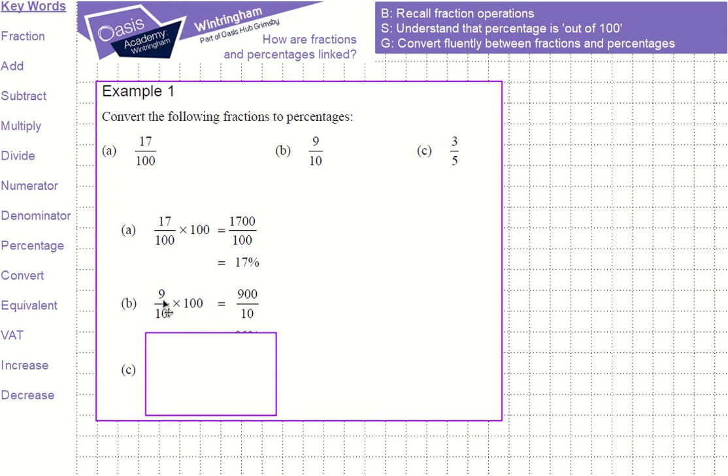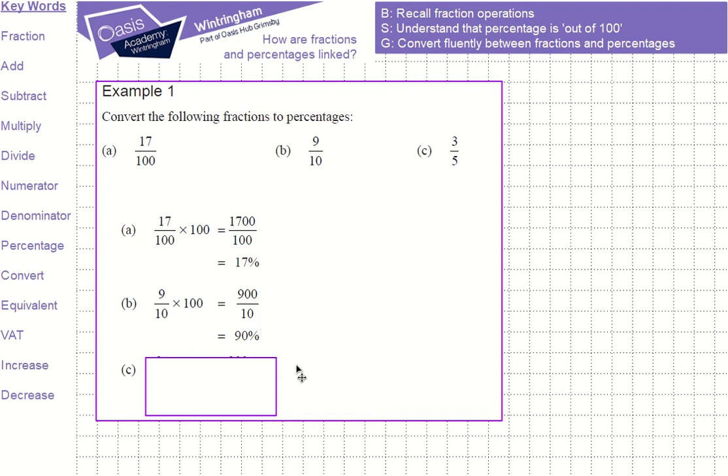The numerator has been multiplied by 100, so 9 multiplied by 100 is 900. And then we just need to simplify that. So 900 divided by 10, and hopefully we'll get 90%. If you're not quite sure with any of these divisions, you can use a calculator.